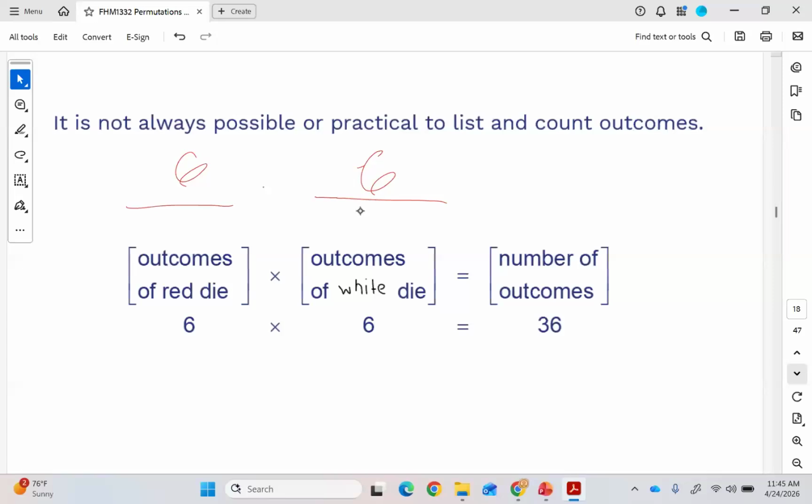And so if you toss both of them and you want to combine them, get one result on the red and one result on the white, then you just multiply them, 6 times 6, which is 36. And so that's how we could have found the answer without having to create each one of the different combinations.